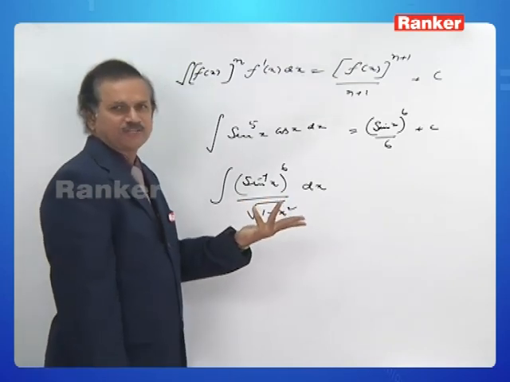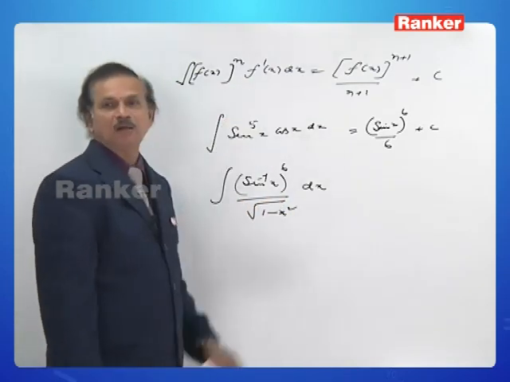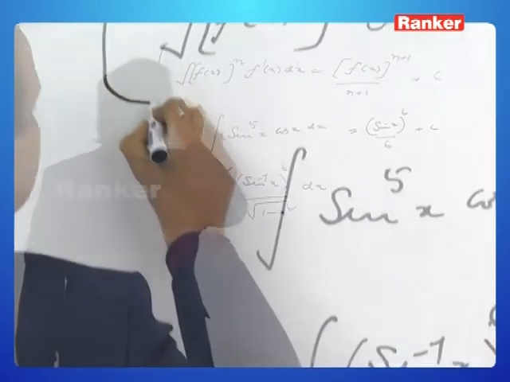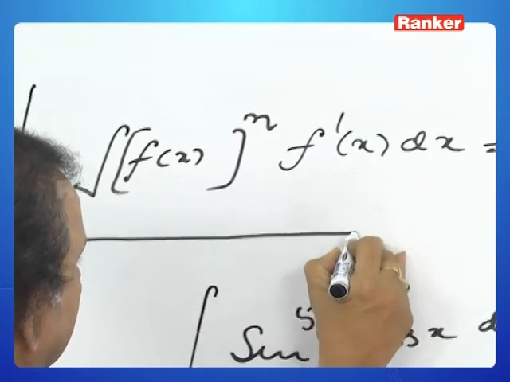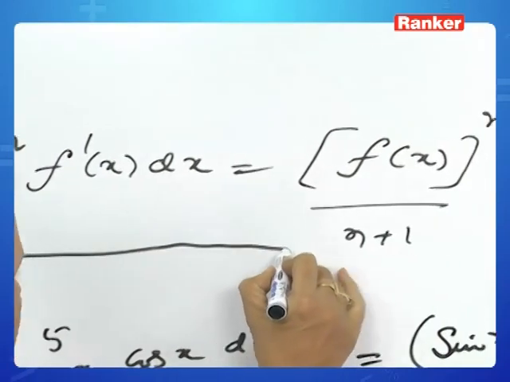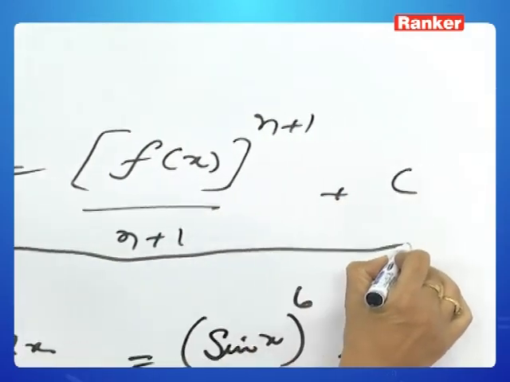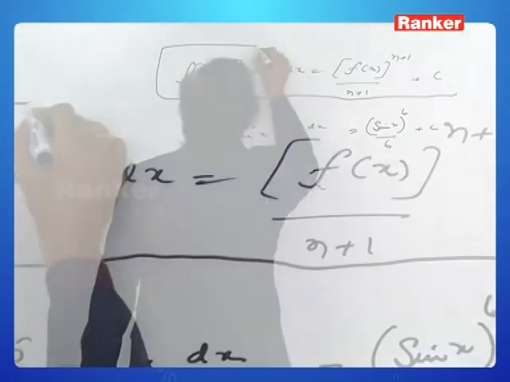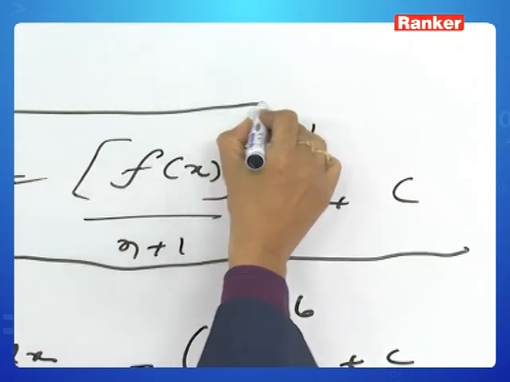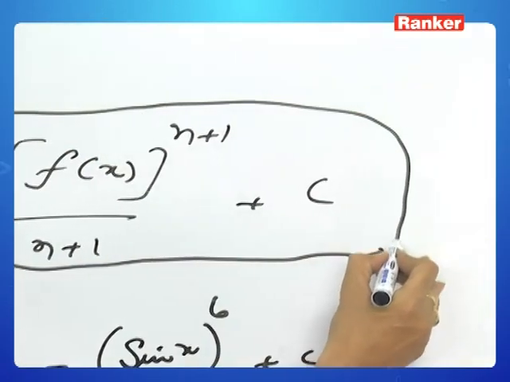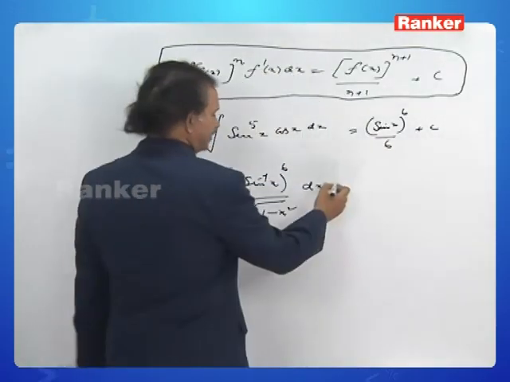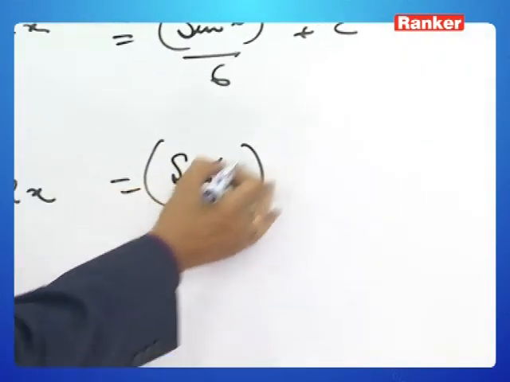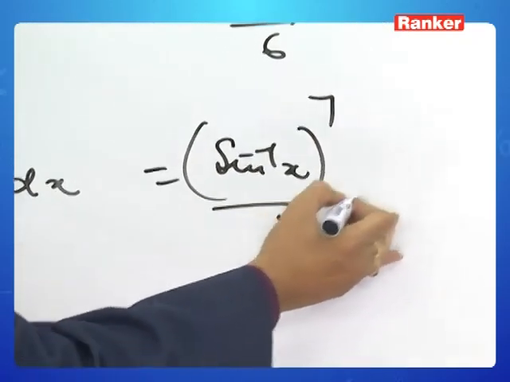So no problem. You can utilize this formula. You can encash this formula. So that it is [sin inverse x]^7 by 7 plus c.